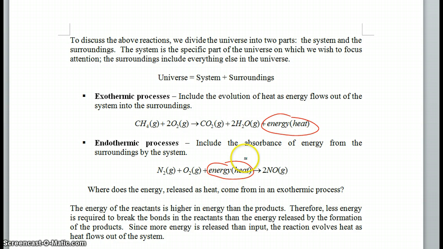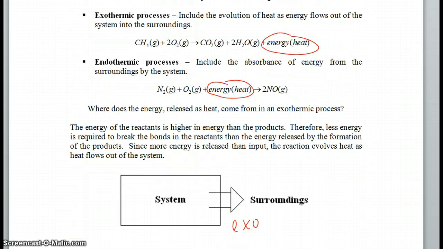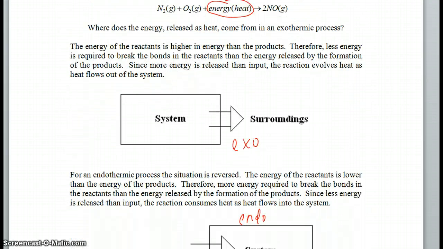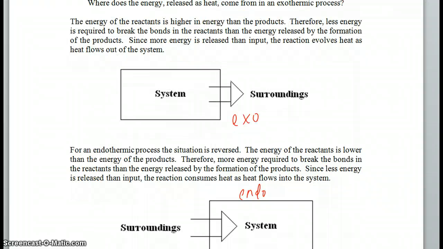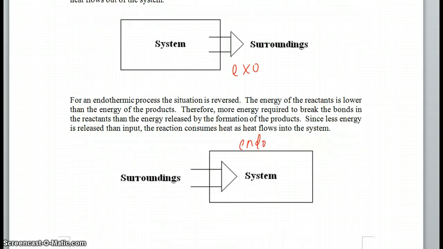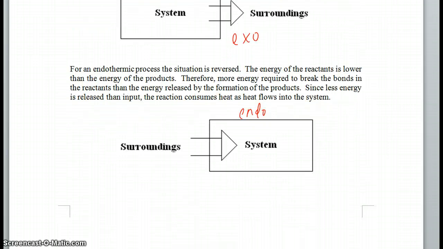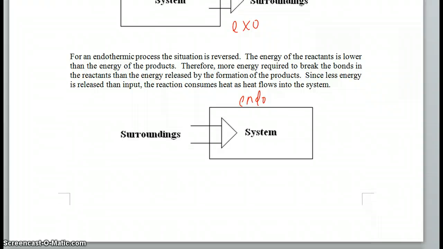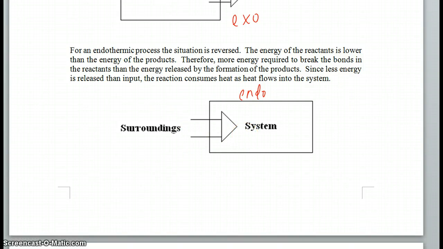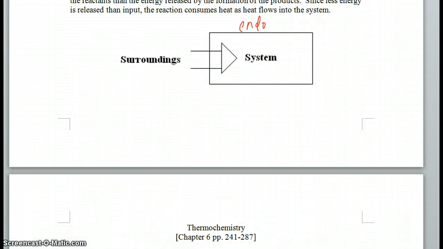Endothermic means heat is going into the system or the reaction. Represented pictorially, something leaving the system going to the surroundings is exothermic. Into the system is endothermic, because we're always looking at it from the point of view of the system. And of course that energy or heat has to be coming from the surroundings because of the law of conservation of energy.